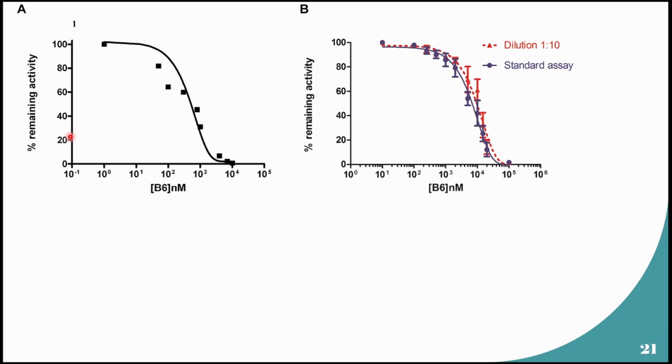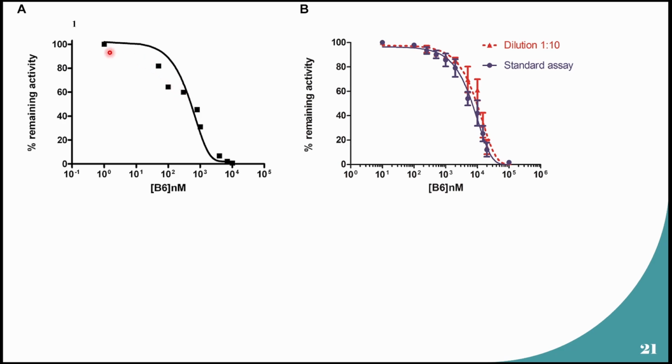So if you look at this particular plot here, on the x-axis we have the compound or particular inhibitor concentration in nanomolar, right? And on the y-axis you have the percentage of remaining activity. Of course, if you have no inhibitor added to the solution, then you will have 100% activity, right? If you keep adding the inhibitor slowly, you will see that the activity of this particular enzyme will drop.